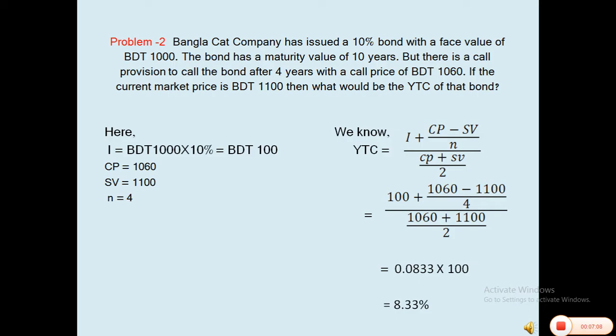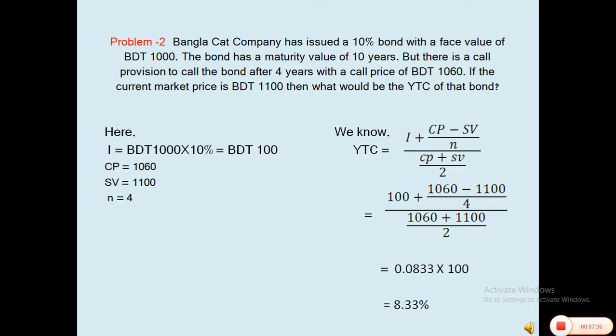The information that we can see here: coupon interest rate 10%, face value 1000, maturity of bond 10 years, call period 4 years, call price of bond 1060, and market price of bond 1100.